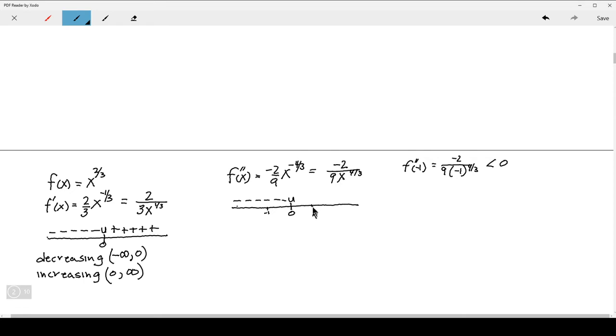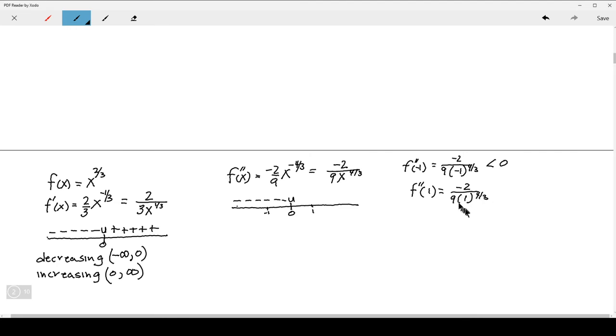If I pick a point on this side, say x equals 1, and I plug that in, so I do f double prime of 1, I get negative 2 over 9 times 1 to the 4/3. Well, 1 is positive. Raise that to the 4th power, it stays positive.